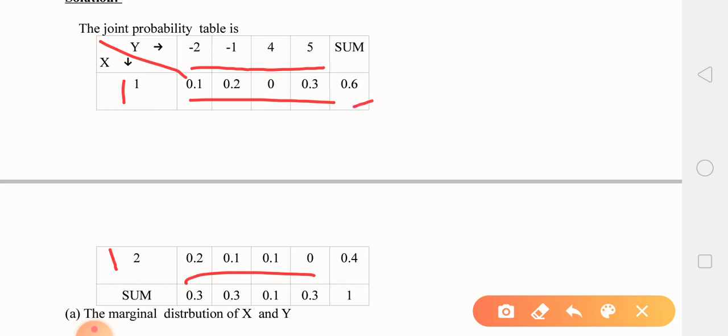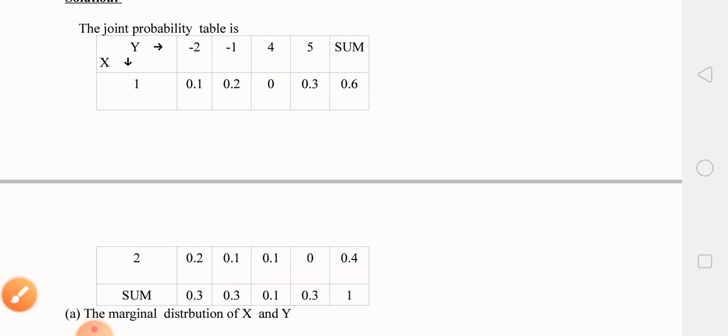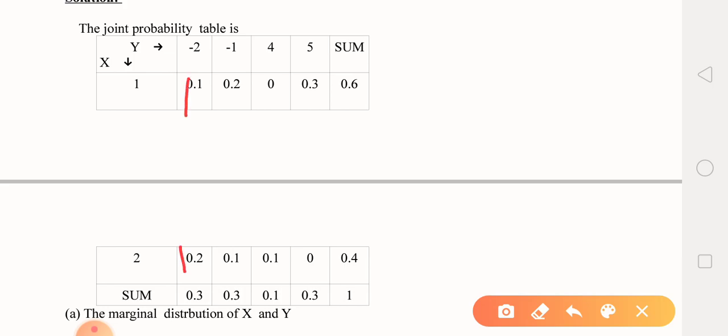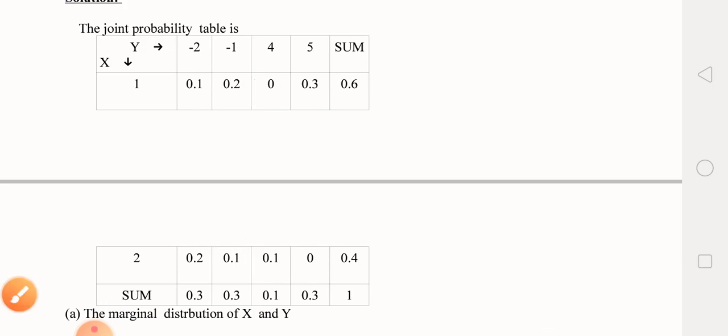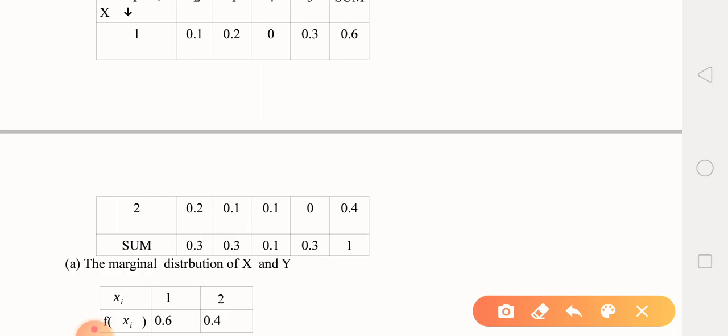Sum the remaining probabilities and write 0.4. At the same time, sum the column-wise probabilities and write them below. So observe 0.3 plus 0.3 plus 0.1 plus 0.3 gives 1. At the same time, 0.6 plus 0.4 gives 1.